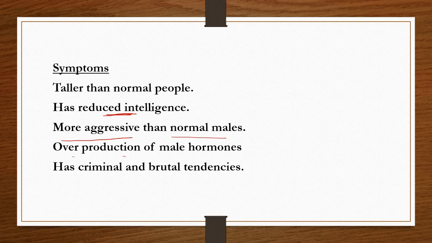Overproduction of the male hormone, that is testosterone. So these metamales have a criminal or brutal tendency. That's why metamales or super males are also called criminal syndrome.